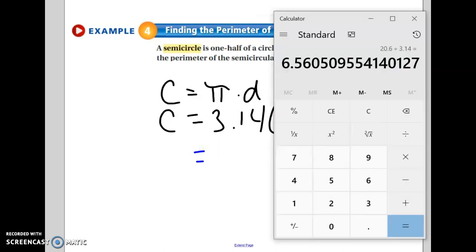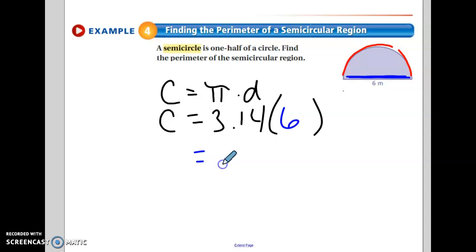Okay, so I'm going to go 3.14 times 6, 18.84. So here, my circumference is, and I'm going to do this in red because I'm working for this, 18.84. Now that's the circumference of the whole thing.